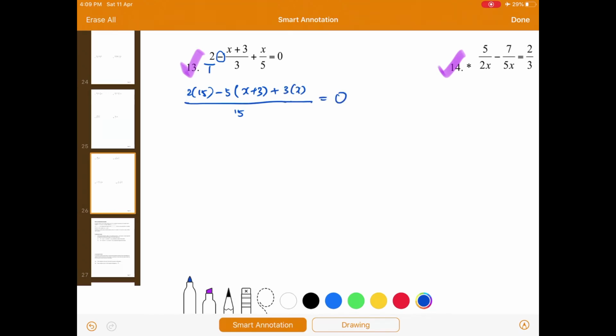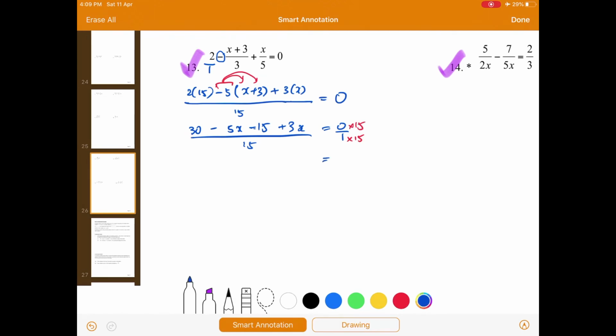Let's expand the numerator. Take note that you are expanding this. You have to distribute negative 5, not just 5. So negative 5 times 3, you get negative 15. So on the right hand side, if I want 0 to have the same denominator as 15, I can multiply 15 on both sides.